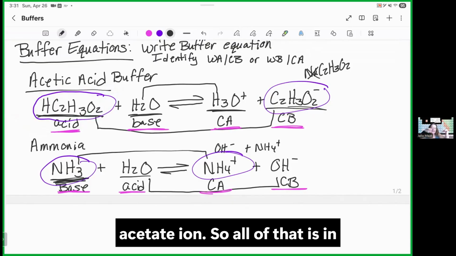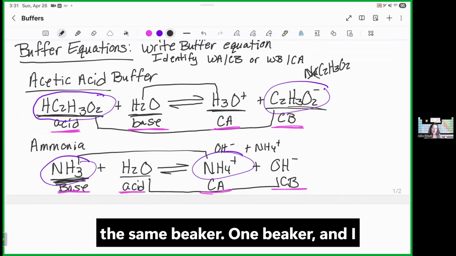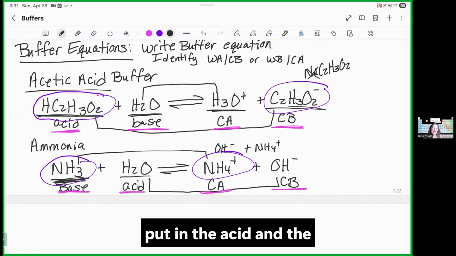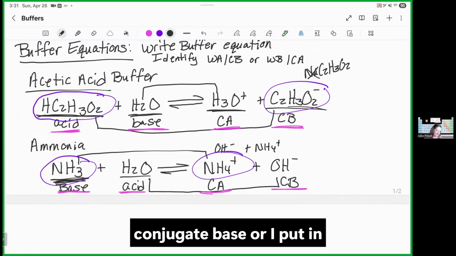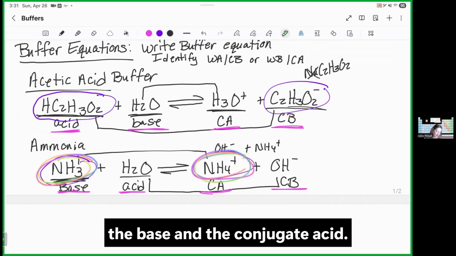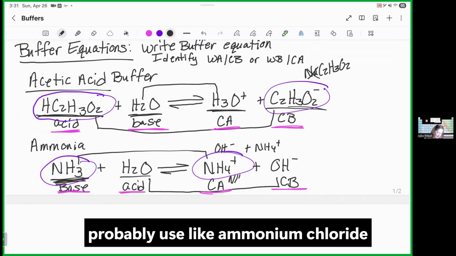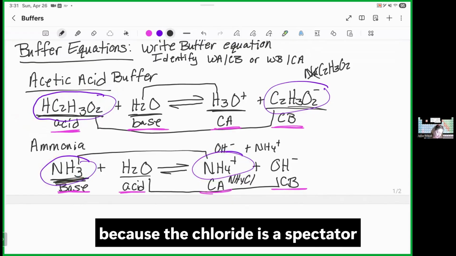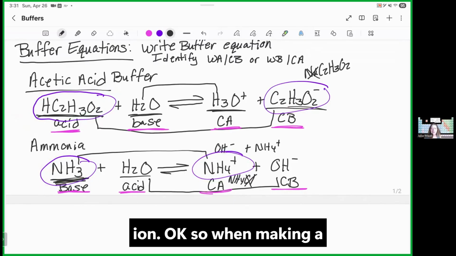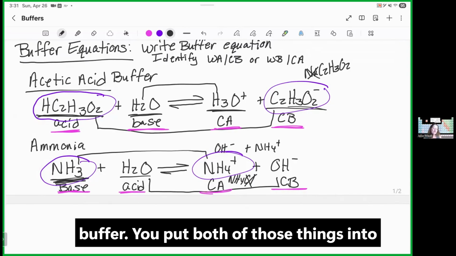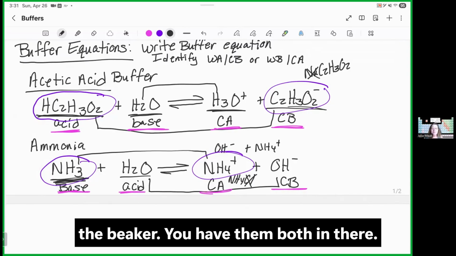So all of that is in one beaker, and I put in the acid and the conjugate base. Or I put in the base and the conjugate acid. So for this one, I would probably use ammonium chloride, because the chloride is a spectator ion. So when making a buffer, you put both of those things into the beaker.